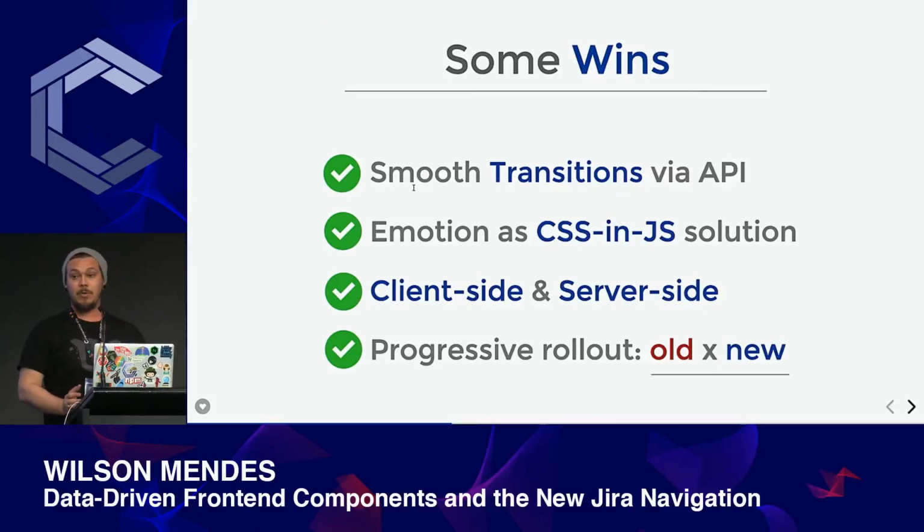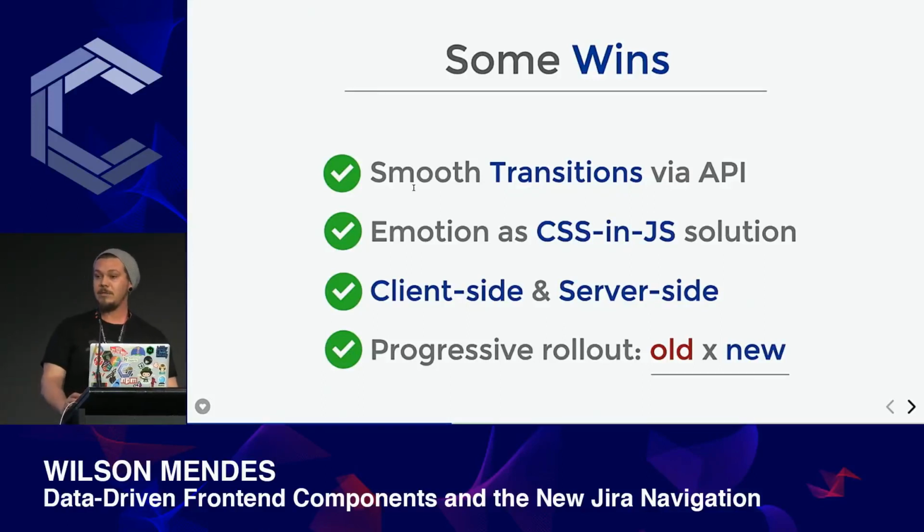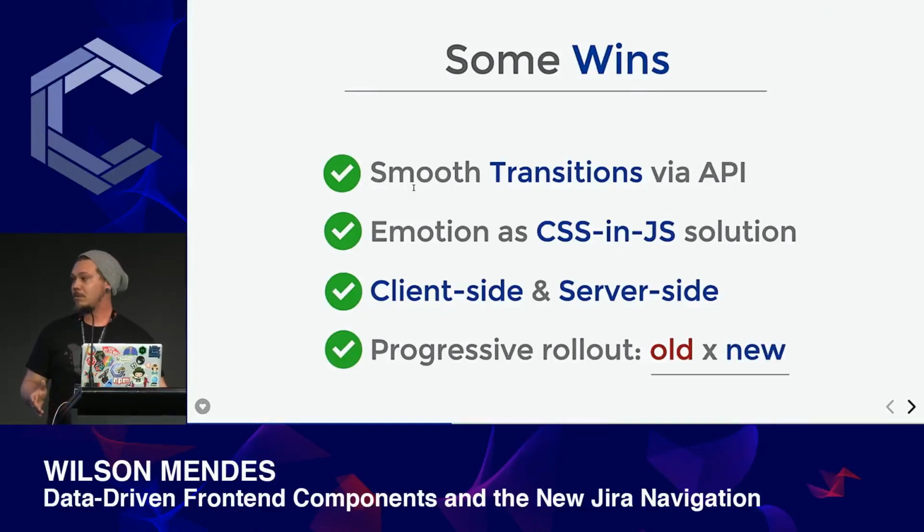We were using Emotion as CSS-in-JS, which, in my point of view, was a good decision. It has broader support for different approaches, client-side and server-side, and is well optimized. We were covering 2 scenarios, client-side and server-side, and we were able to do a progressive rollout between the old navigation and the new navigation.